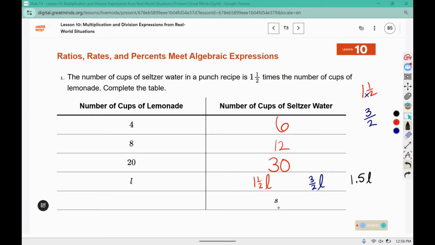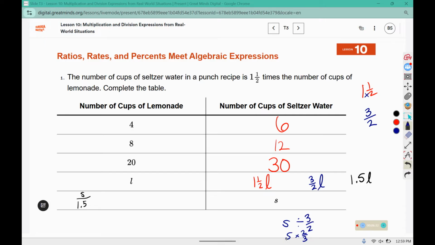Then for S, that's the seltzer. So if we wanted to get back to the amount of lemonade, instead of multiplying by 1.5, we would need to divide by 1.5. So this could say S over 1.5. It could also say, if you divided by 3 over 2, you could leave, change it, and flip it.